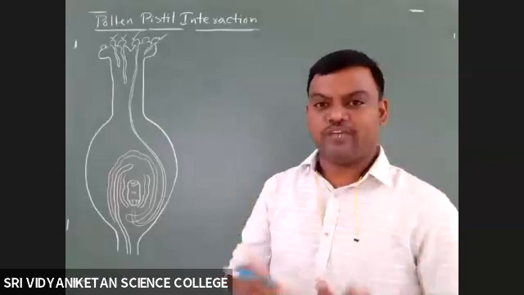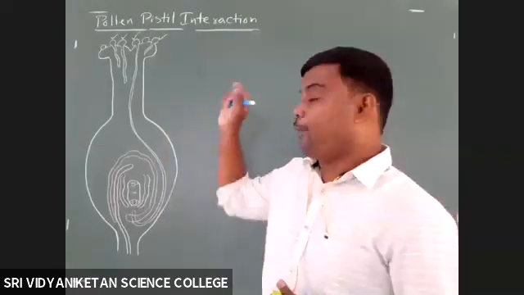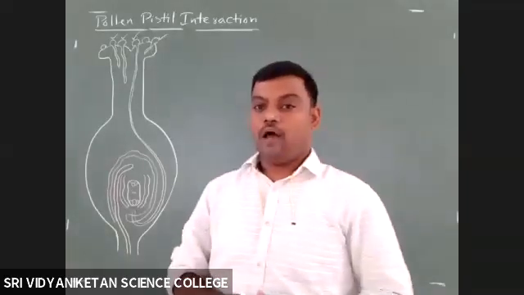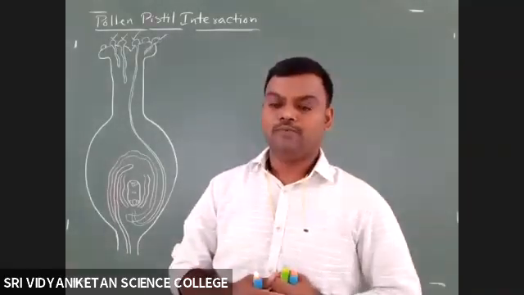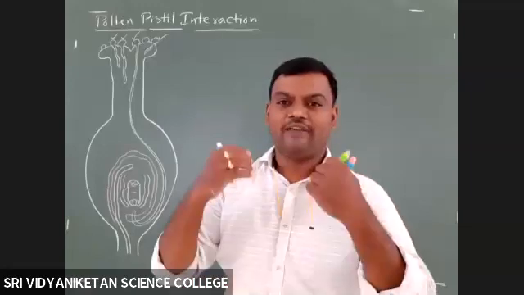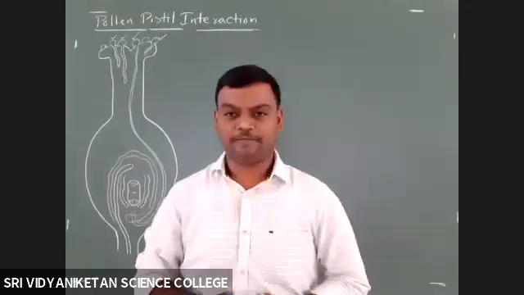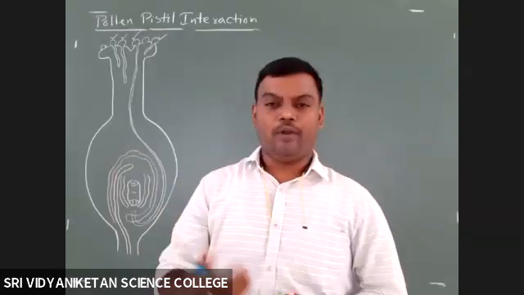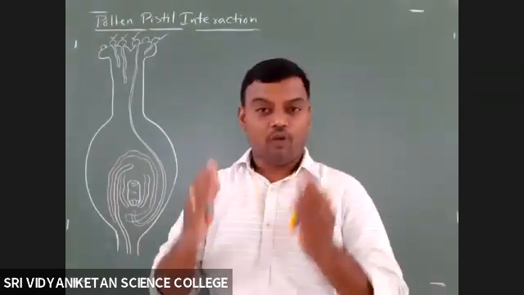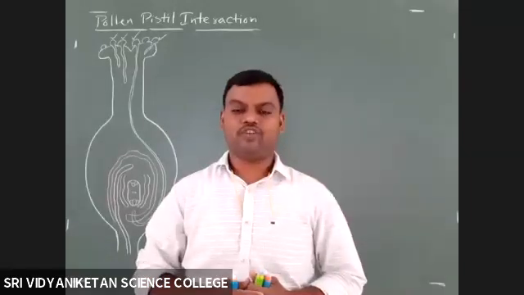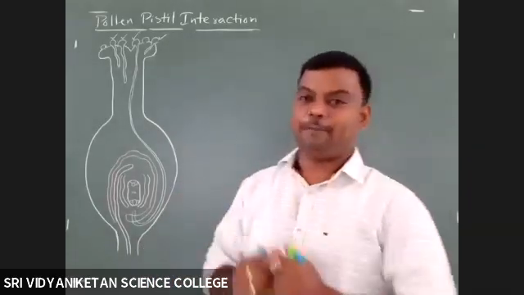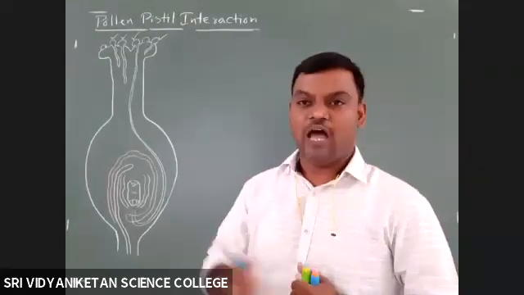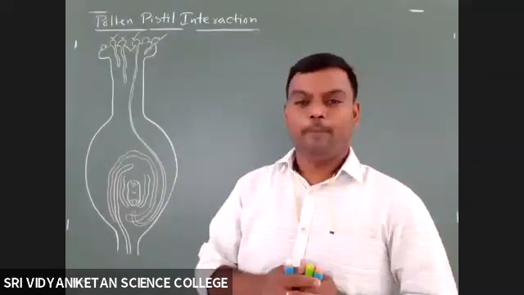When the pollen grains are identified as wrong type or incompatible pollen, immediately it rejects pollen germination. Whenever the pollen grain is right type, it allows pollen germination. Whenever it is wrong type, it rejects pollen germination, and it is a dynamic process mediated by chemical components present around the pollen grain.